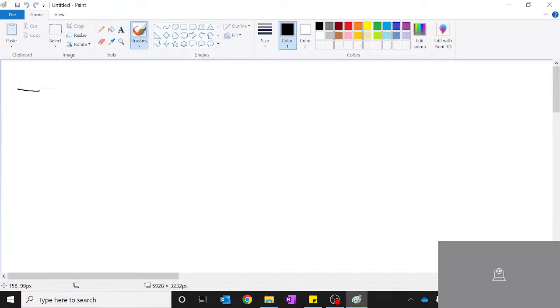Now I am saying a stone, or similarly, let's take a ball only, because last time we have taken a ball. A ball is dropped now. Earlier it was thrown vertically upwards, now it is dropped.